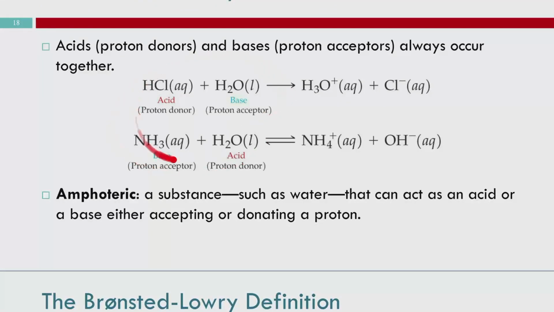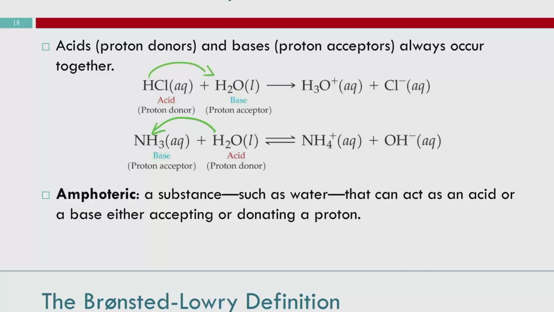So these are the two examples that we looked at before. And if you notice, in our first example, water is accepting the proton from our acid. And in the other example, it is giving a proton. It's acting as the acid. So water can do both, and so we call it amphoteric.